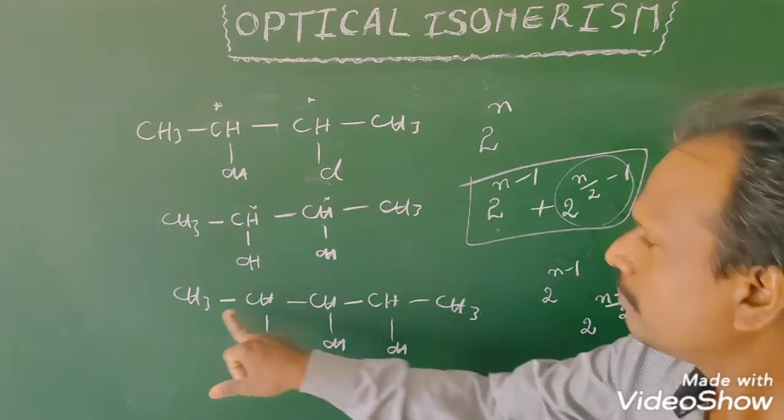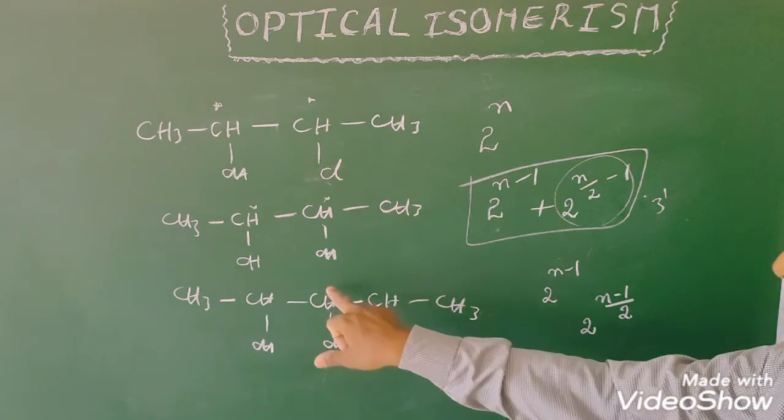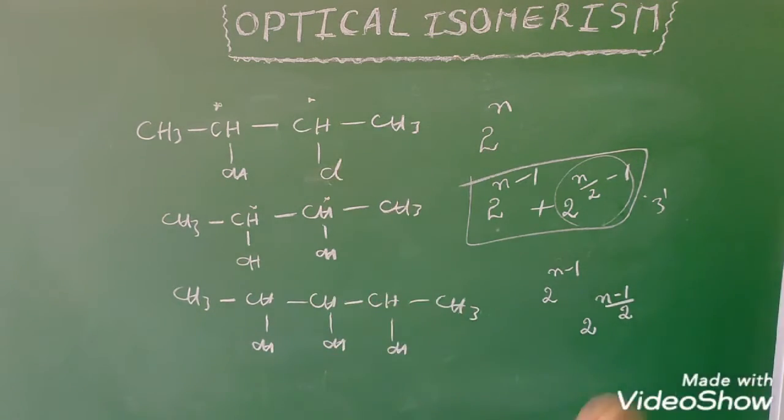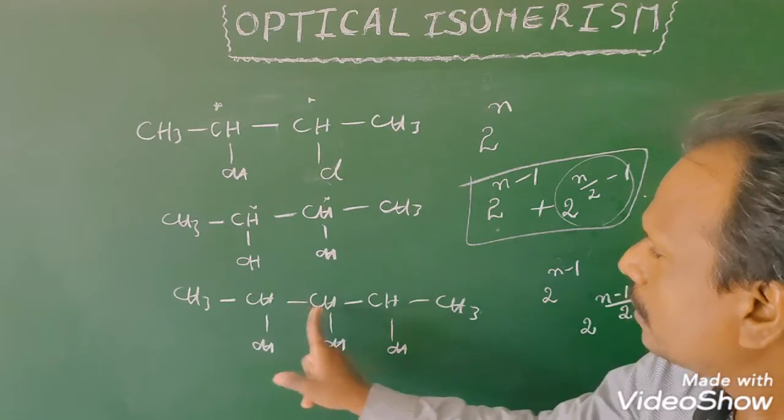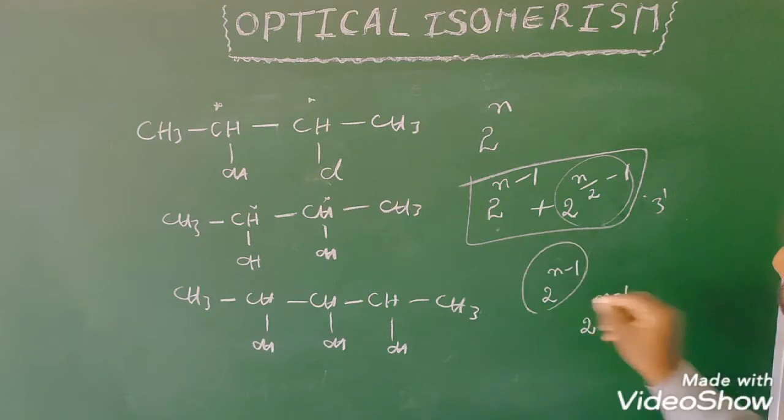Next one. This compound has 3 chiral carbons. It is pseudo chiral, but counted in the formula. 1, 2, 3. Here it is an odd number. Total optical isomers: 2 power n minus 1.